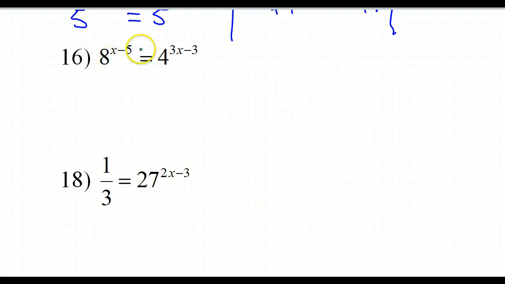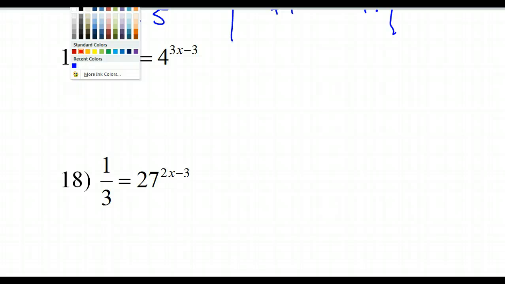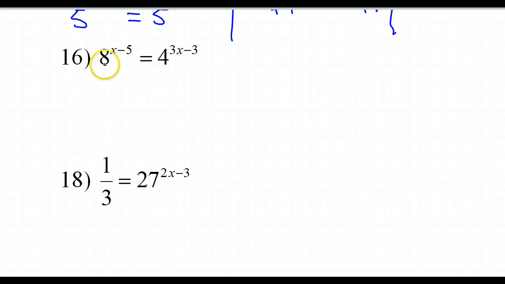So let's do that. 8 can be written as base 2. 8 can be written as 2 to the 3rd power. Meanwhile, 4 can be written as 2 squared. Now I've got the bases the same, so this is looking pretty good.